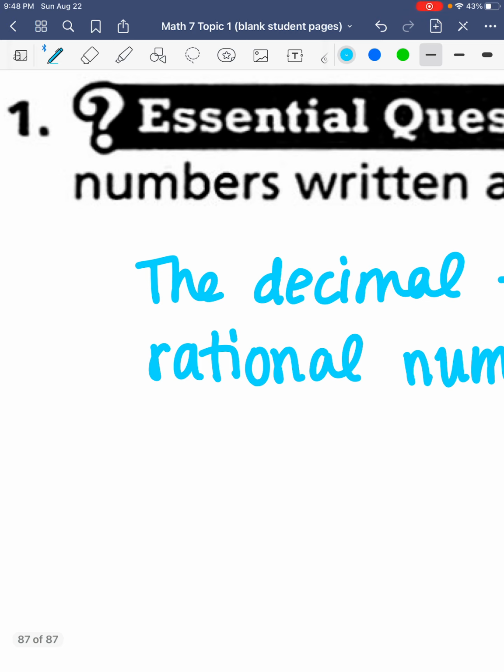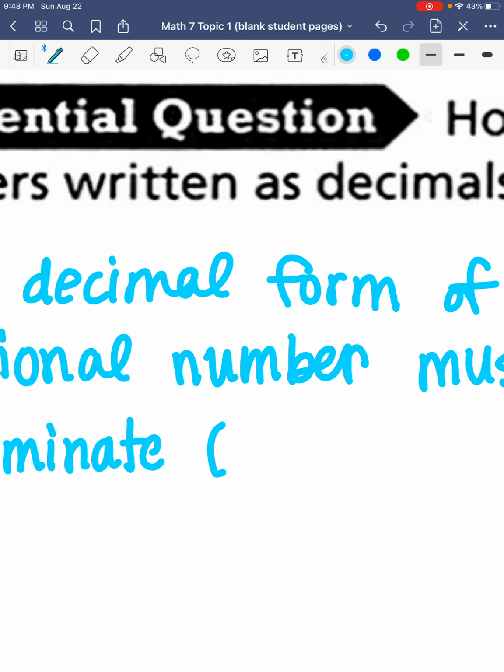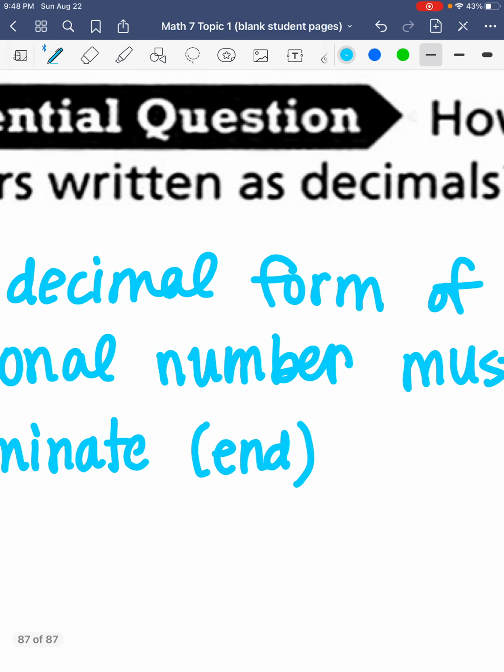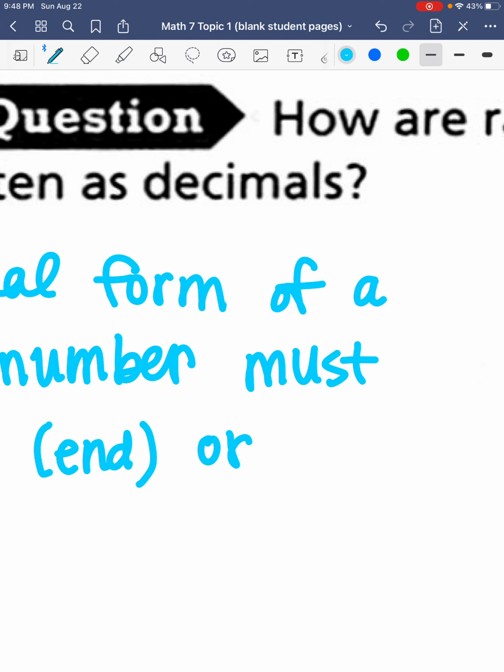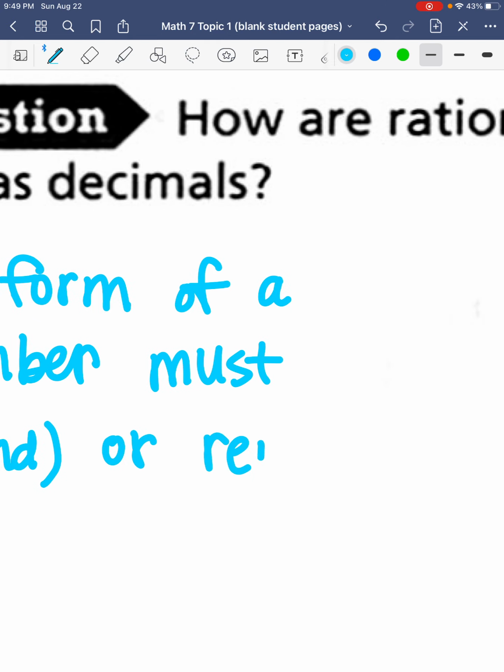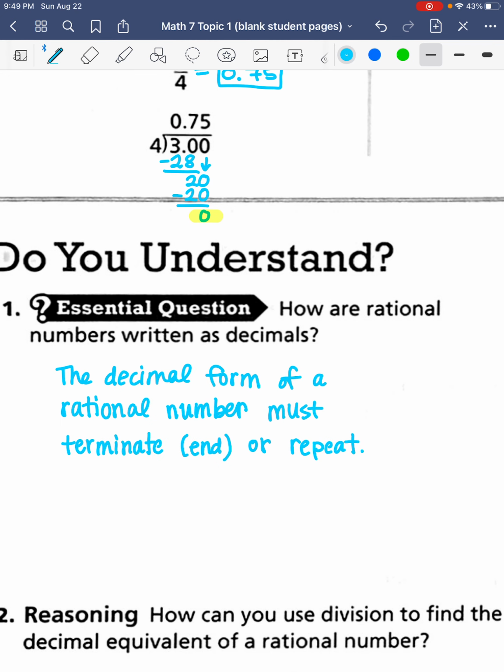It must terminate, which means it must end, or it must repeat. So that's really important that you know that. It must terminate or come to an end, or it must repeat.